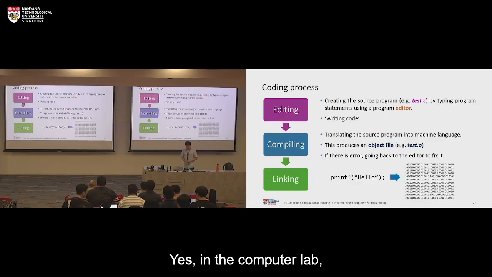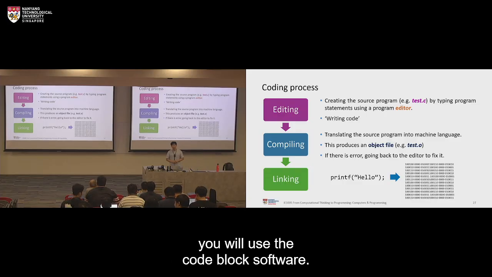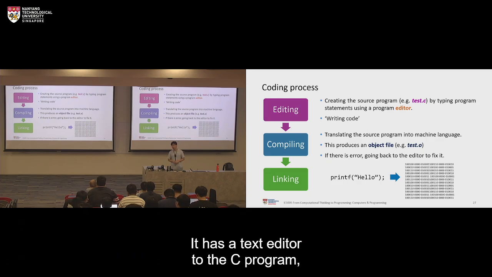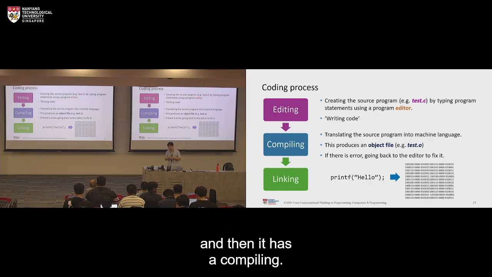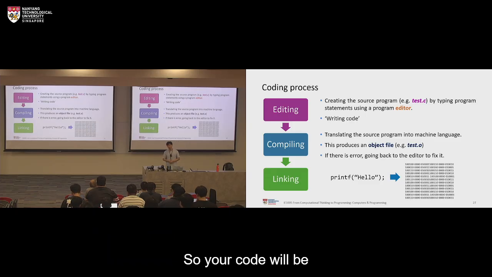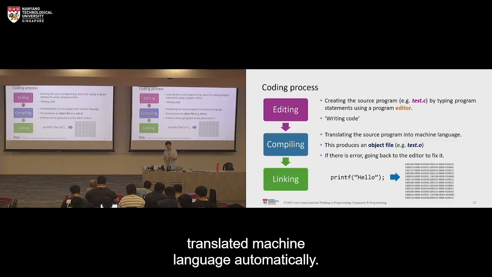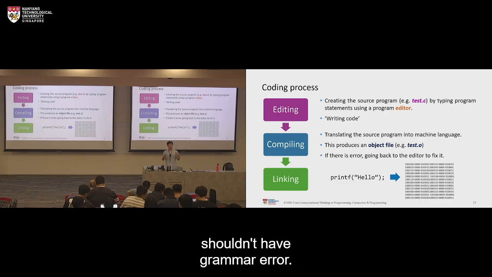In the computer lab, you will use the CodeBlock software. It has a text editor to write the C program, and then it has a compiler. So your code will be translated to machine language automatically. But of course, you shouldn't have grammar errors.